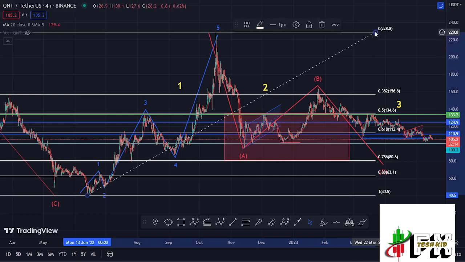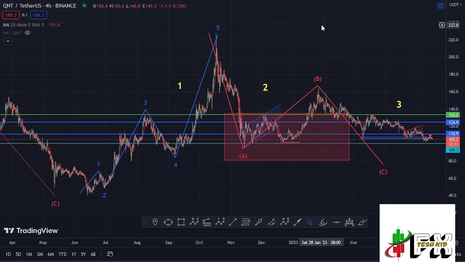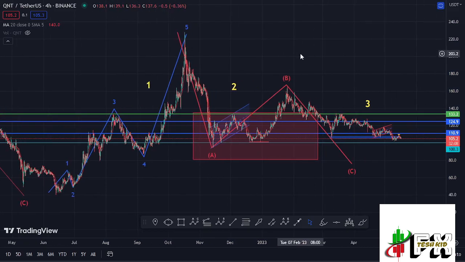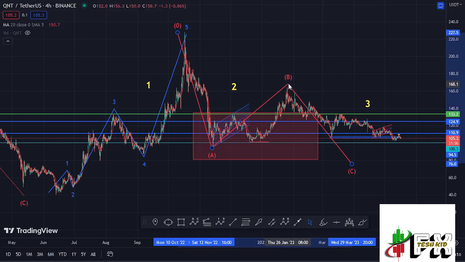And because of the corrective nature in the formation of this wave 2, I'm also expecting to see an ABC corrective structure play out, where you can see that on the charts I'm terming this as the wave A. Then we saw the formation of that wave B giving us a peak at around the $165.5 mark, and I'm now expecting one more leg down in the formation of this wave C to fully maximize our red target area in the formation of this wave 2.